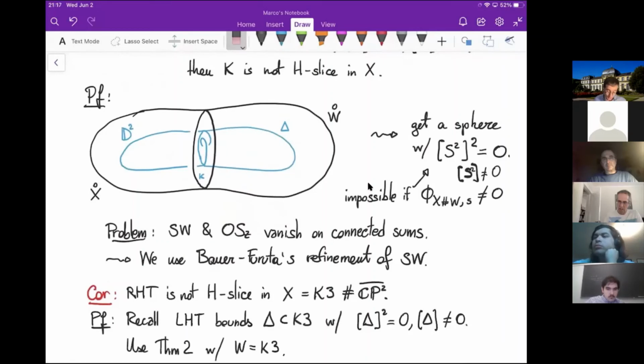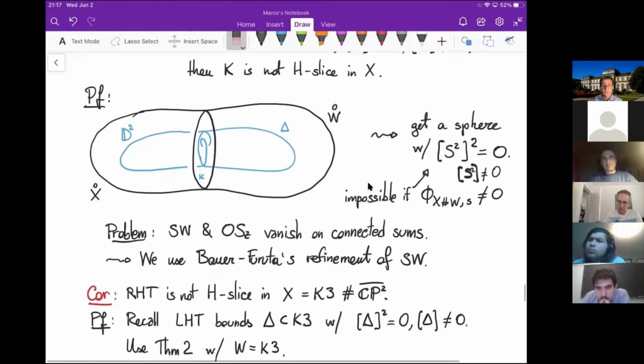So we need to recall that the left-handed trefoil bounds some disk that is not null homologous, and such that its homology class satisfies delta squared equal to 0. This was because of the handle picture of K3. Then you can apply theorem 2 with W equal to K3 and X equal to K3 connected sum some CP2 bar, and you get precisely that the right-handed trefoil is not H-slice here.